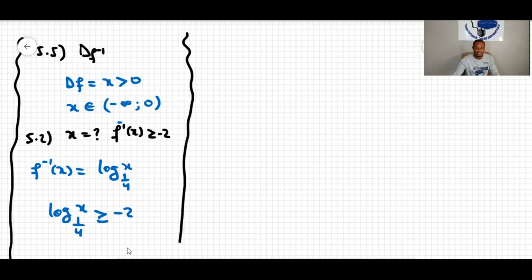Now, I prefer to rewrite log of x base a quarter. We found in the previous video that this was equivalent to negative log of x base 4. This is greater than or equal to -2. Now, when we have negative signs like that, we can cross out these signs and rewrite the inequality.